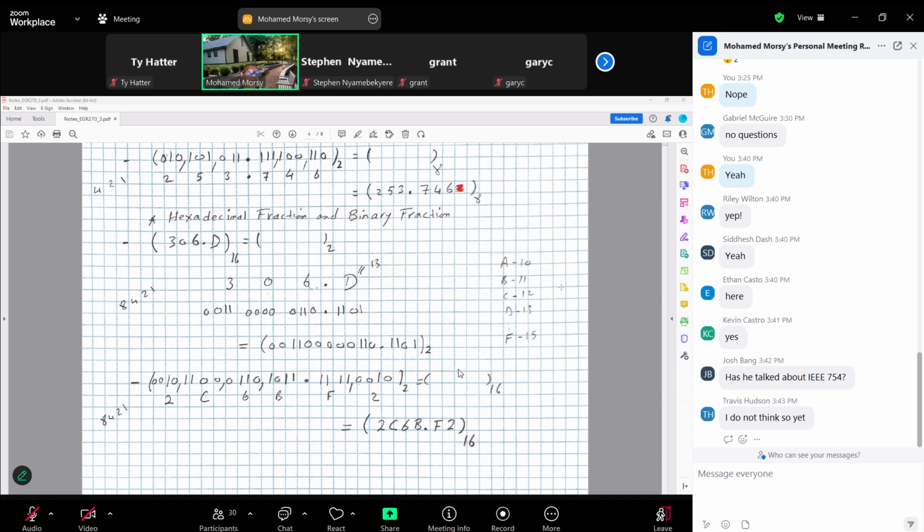So D is 13. 13 as binary is 1011, 8 plus 4 plus 1. So 1011. So we put these binary numbers in order, and we get the corresponding binary fraction for this hexadecimal fraction.